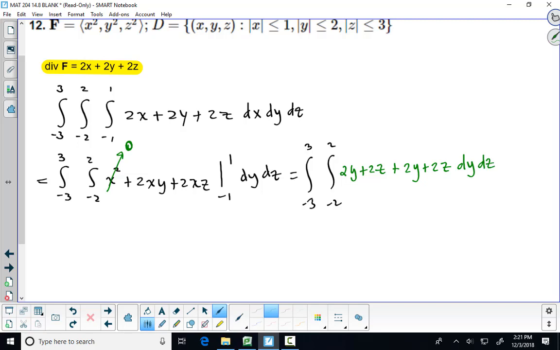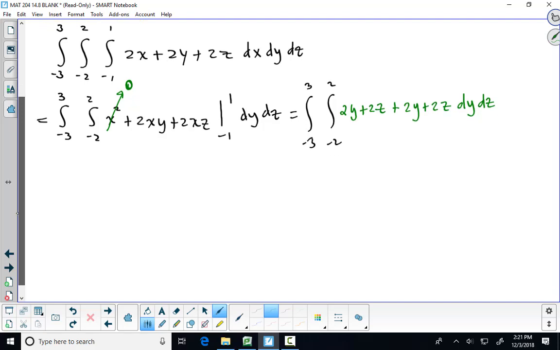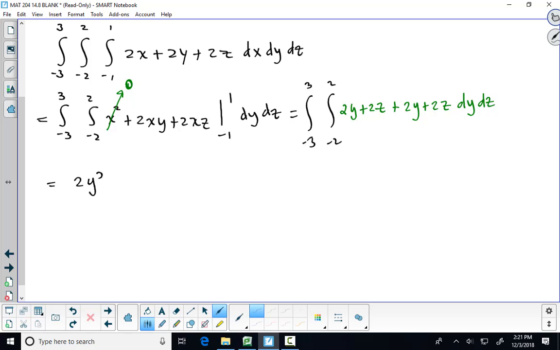It's only the one with the square that's going to vanish. We certainly have like terms though, so I'm combining those two, and then let's combine those two. And when we integrate now with respect to y, we have 4y, so we're going to get 2y squared. 4z integrated with respect to y, so we get 4yz.